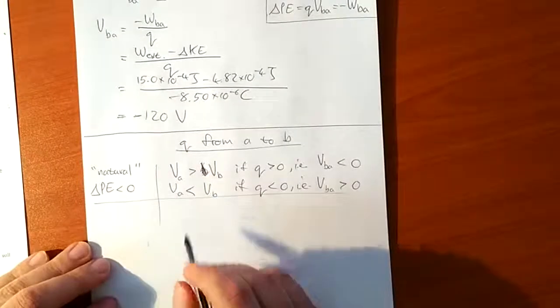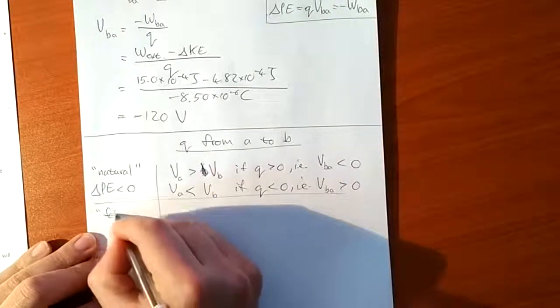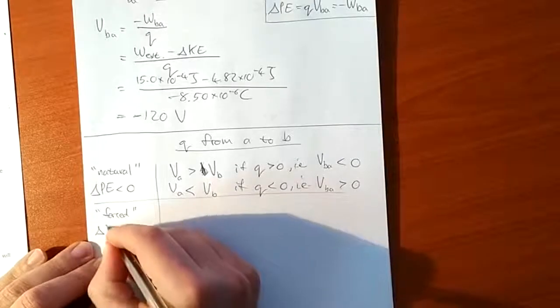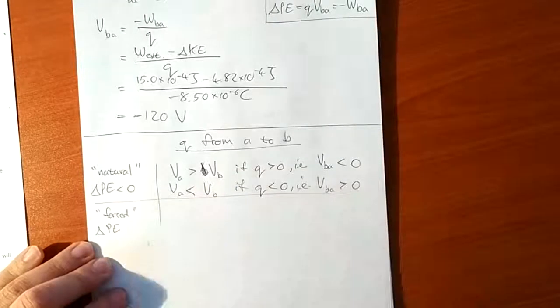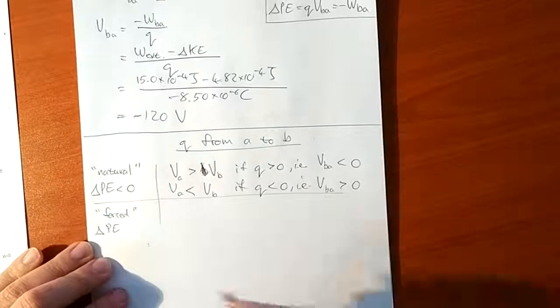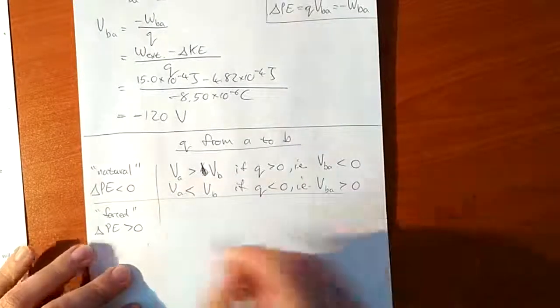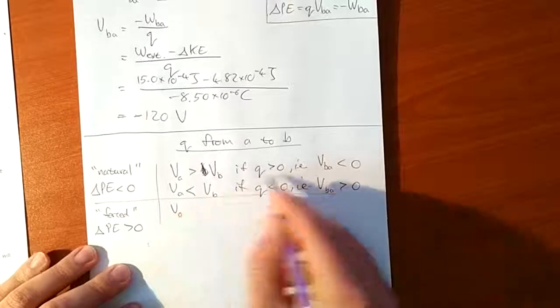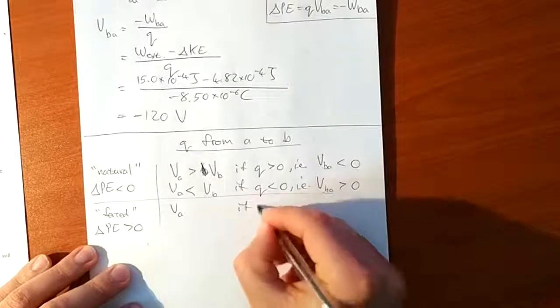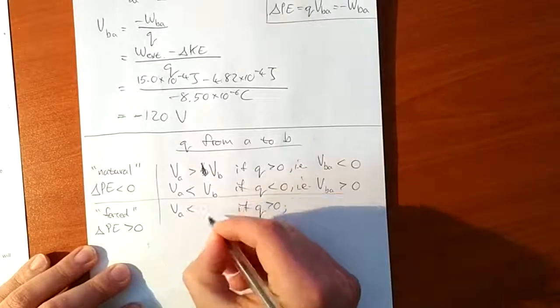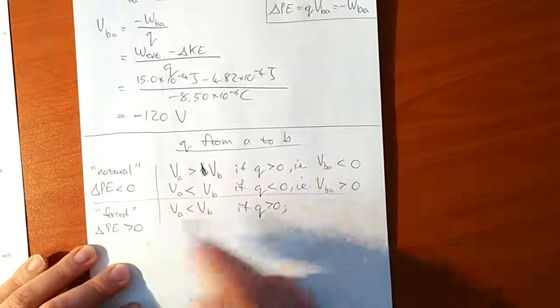As a converse to this, a forced way, so by analogy of gravity and a rock, that would be if you're throwing a rock upwards, or you're carrying it up the stairs or whatever. If the change in potential energy is positive, then the whole situation flips. So if it's a positive charge, then the potential at A will now be less than the potential at B. Everything just flips.